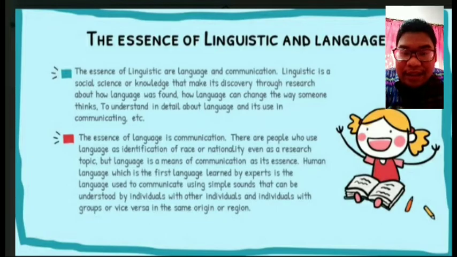Human language, which is the first language learned by experts, is the language used to communicate using simple sounds that can be understood by individuals with other individuals, and individuals with groups or vice versa, in the same origin or region.